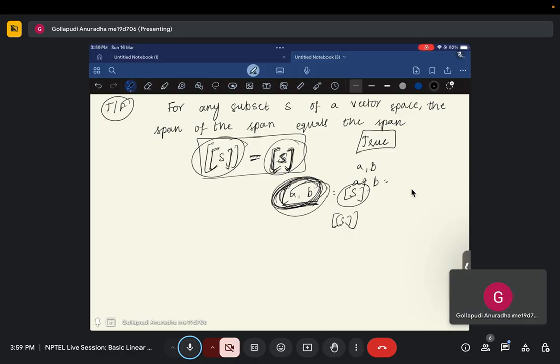Ma'am, it will be easier if you explain with R3. Okay, for example, suppose I have the vector space R3 and I take a linear combination like this.